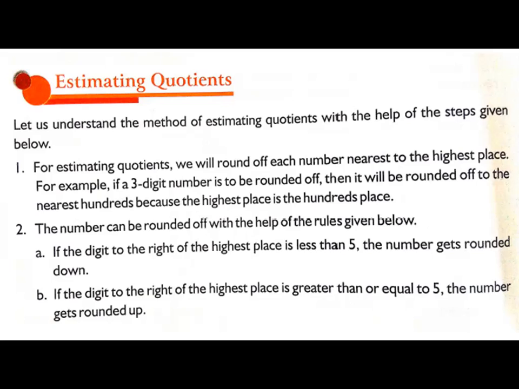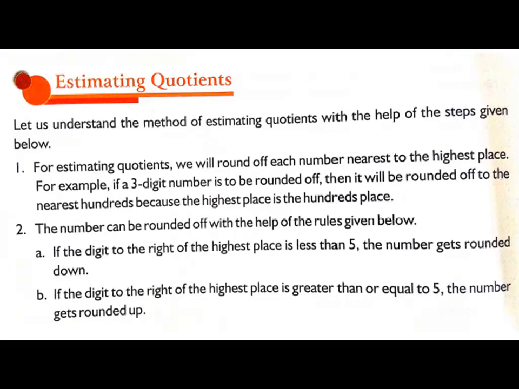If it is a 4-digit number, the highest place value is 1000, so we round off to the nearest 1000. So the first rule is you have to round off to the highest place value.